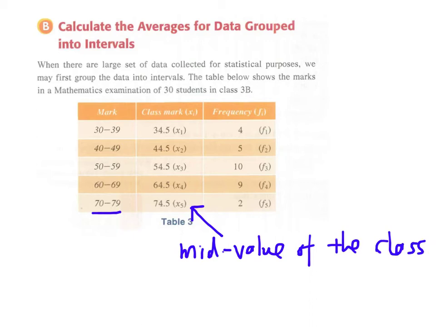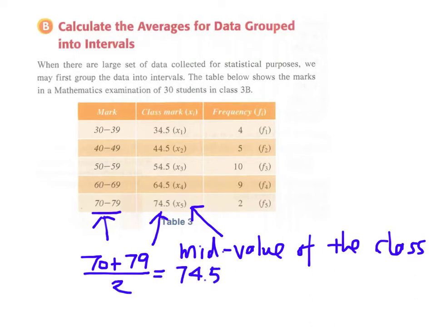So let's say if the class is from 70 to 79 marks, the class mark will be 70 plus 79, and then divide this by 2. So this is very important. If the class mark is wrong, then all those products, if you want to calculate the mean, will be wrong. So make sure you get the correct class mark. It should be the mid value of the class.